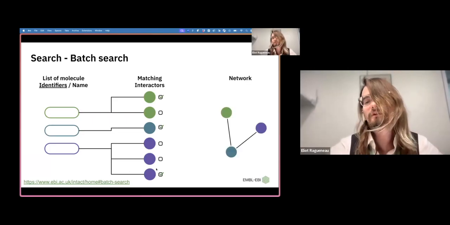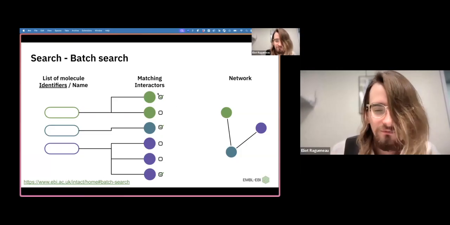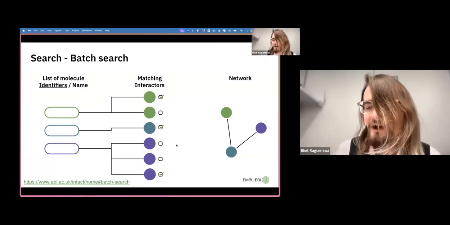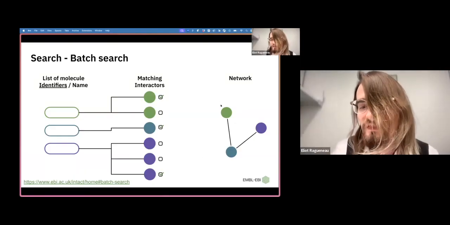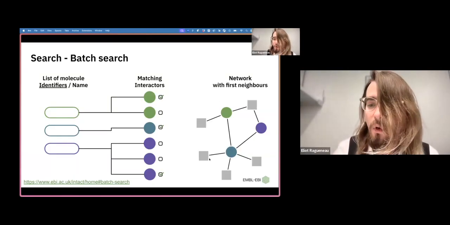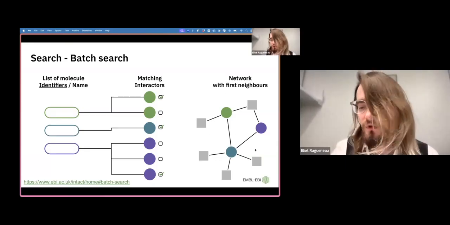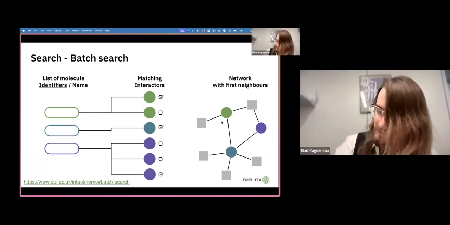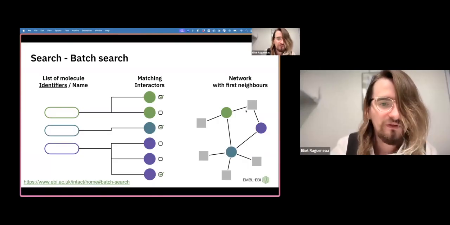And then we will build a network with those different proteins or molecules. Then you have an additional option, which is whether you want to only focus on interactions within the set that you provided, or if you also want to include first neighbors, which are common or not between the set that you provided. So you can choose to include or exclude first neighbors.